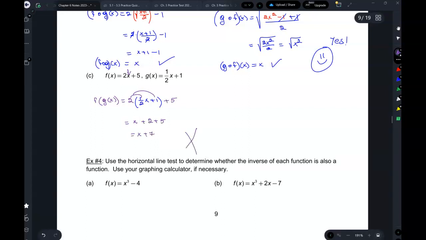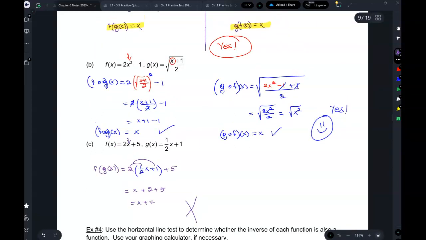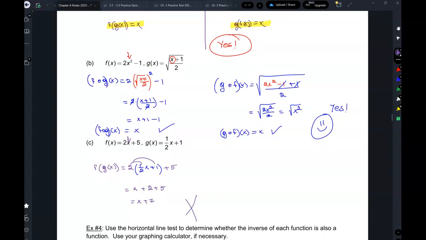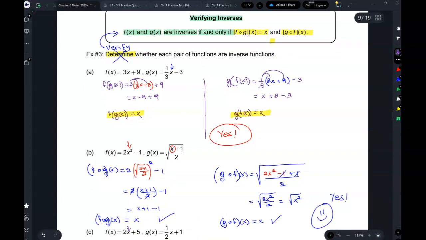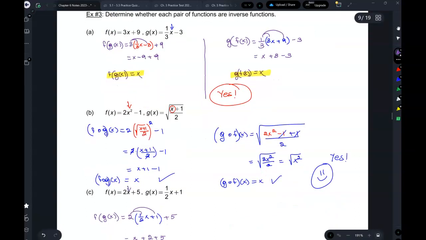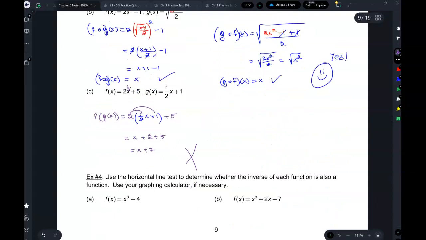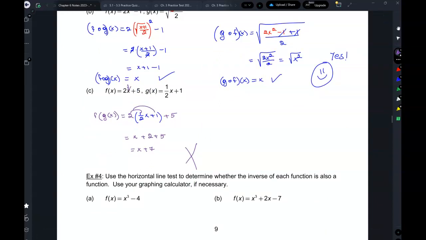No. Okay, so this is actually, stop there. It's all or nothing. This is actually the reason why I had put determined before, because I had an example that was not going to work out. When it says verify, they are inverses, and you are asked to use the theorem to prove that they are.